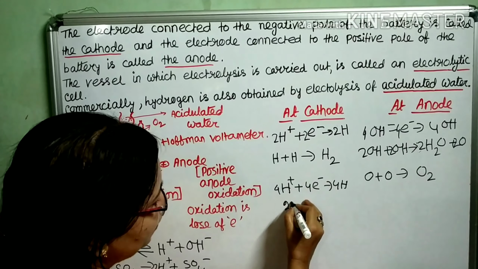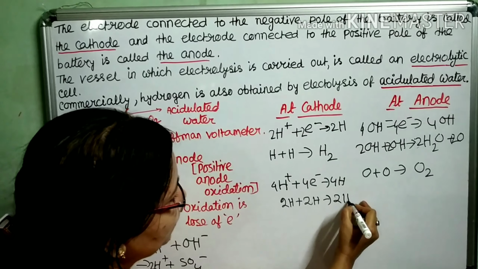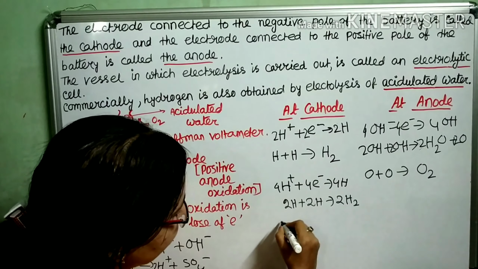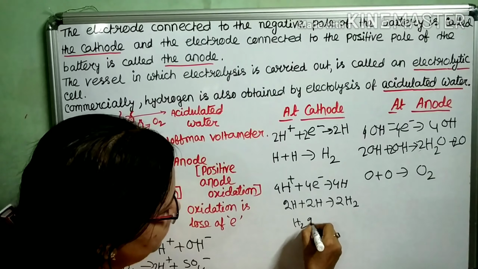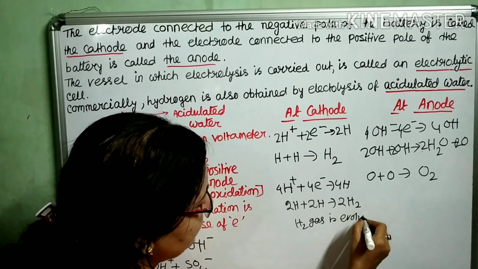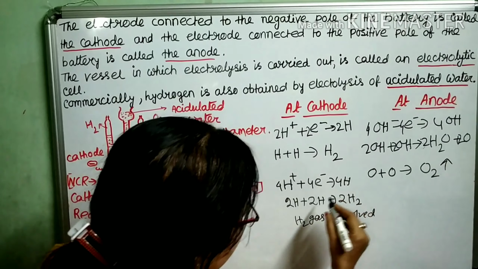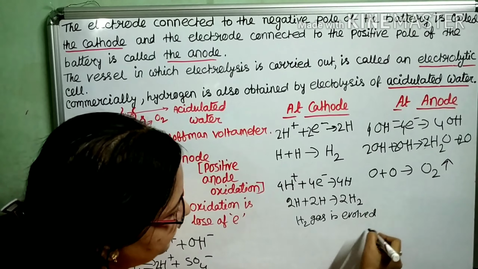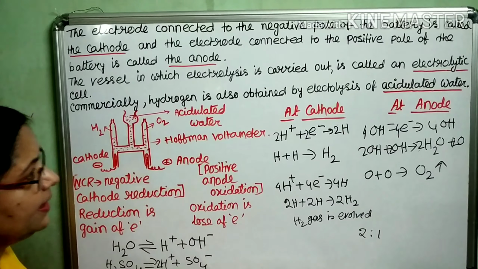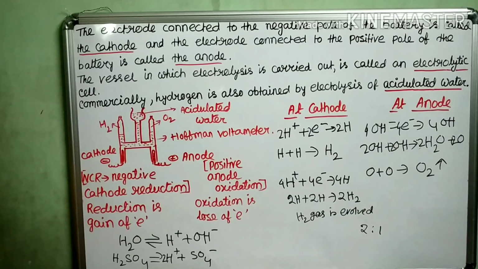Now 2H plus 2H gives 2H2. At the cathode, hydrogen gas is evolved, and at the anode, oxygen gas is evolved. The ratio of hydrogen and oxygen is 2:1, and both are colorless. In this way, by electrolysis, hydrogen is also obtained.